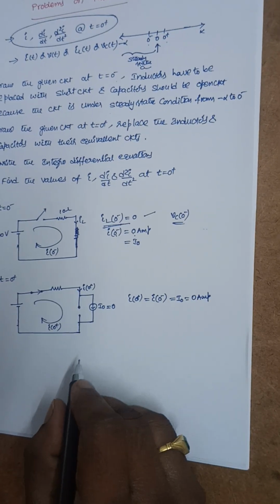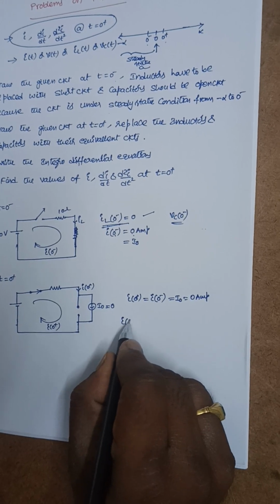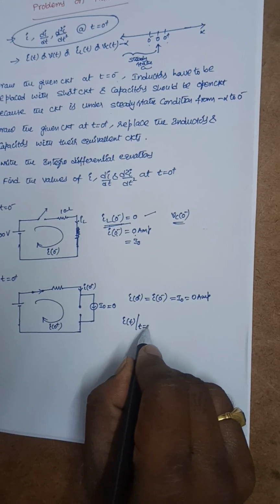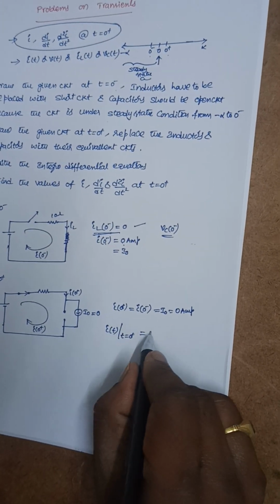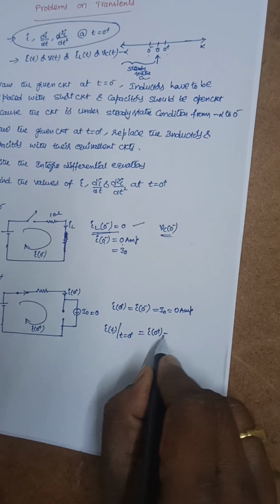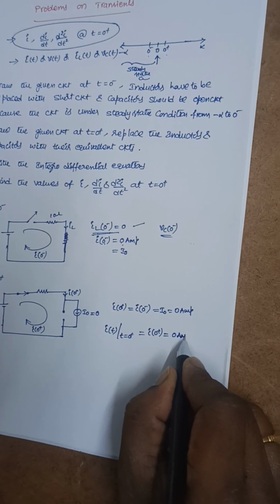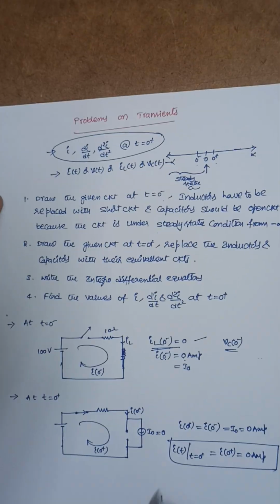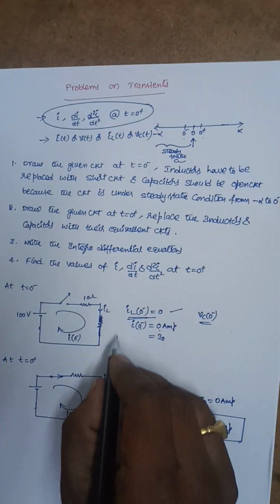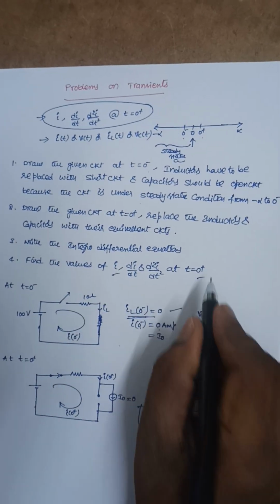So I of t at t is equal to 0 plus, that is I of 0 plus, is equal to 0 amperes. So the first thing we calculated here is the I value at t is equal to 0 plus.